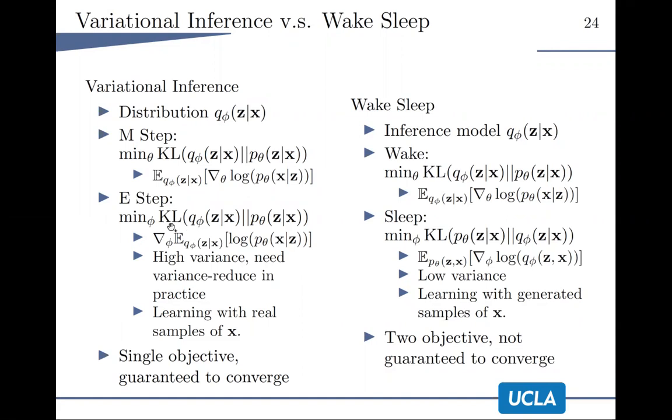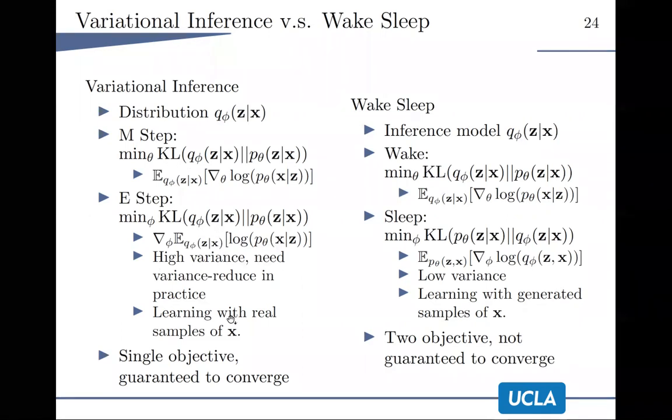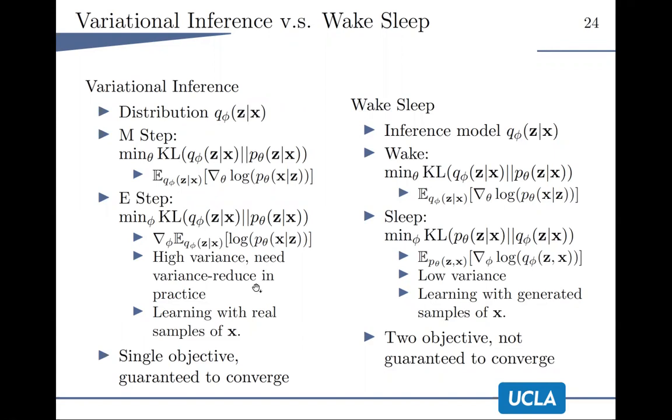In the variational inference E step, we are trying to optimize exactly the same objective as in the M step, and suffer from high variance, and somewhat need to do variance reduction in practice, but we learn with the real samples of X. In the wake-sleep algorithm, it's designed to switch the two parts of the KL divergence calculation.